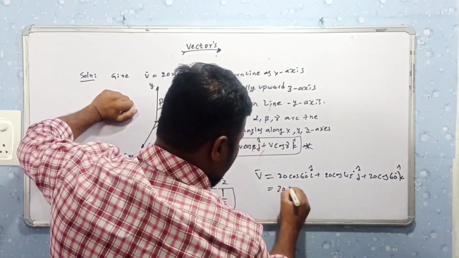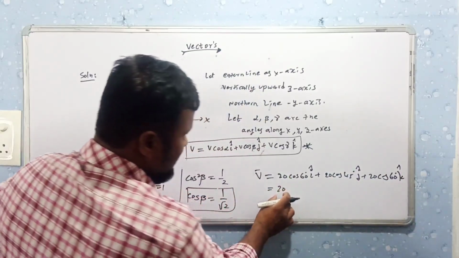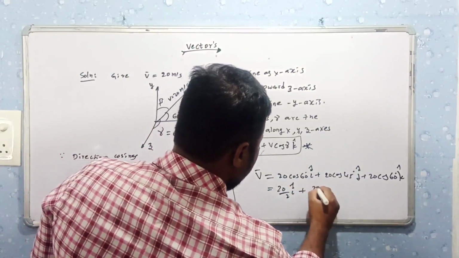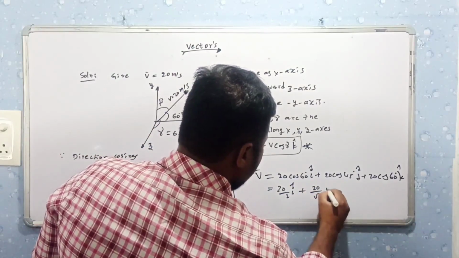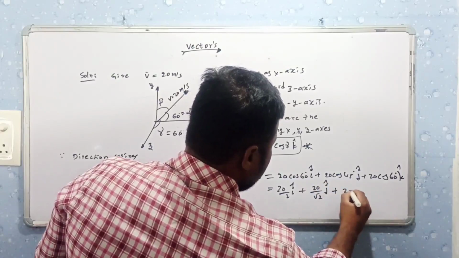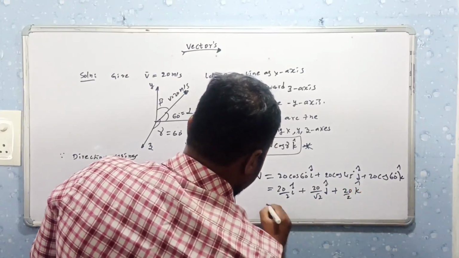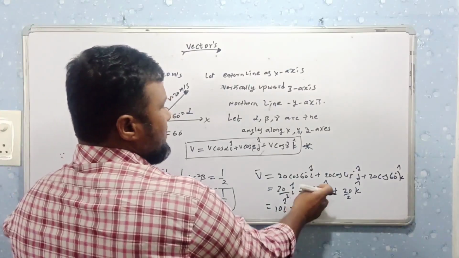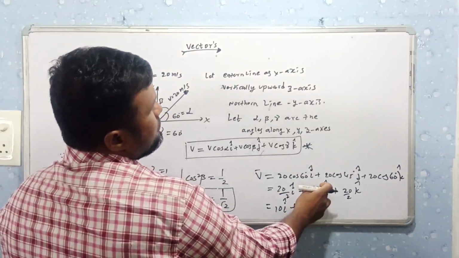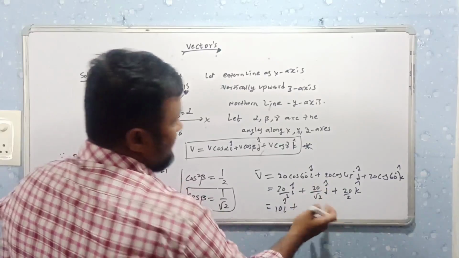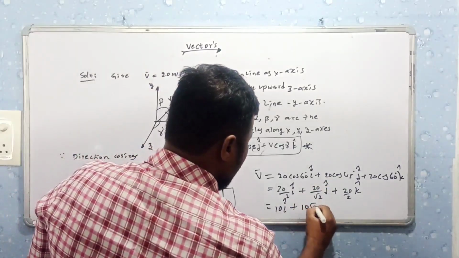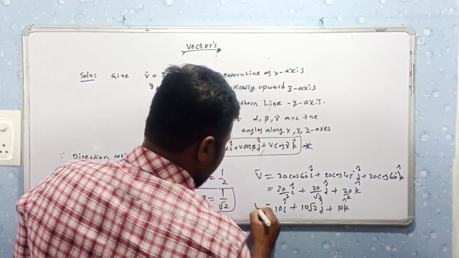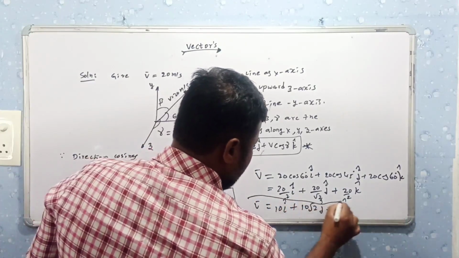Substitute, taking 20 common: 20 by 2 i cap plus 20 by root 2 j cap plus 20 by 2 k cap, 10 i cap plus, writing 20 as 2 into 10, writing 2 as root 2 into root 2 and cancelling root 2, now it becomes 10 root 2 j cap plus 10 k cap. This is the required answer.